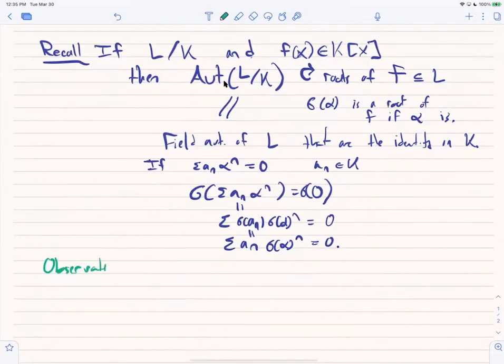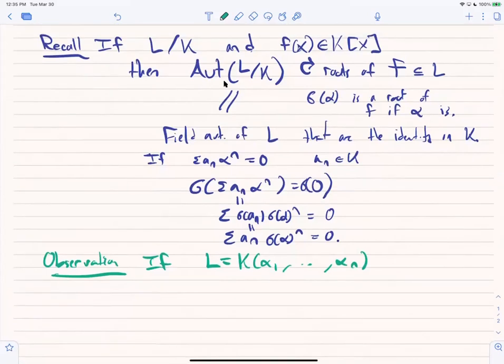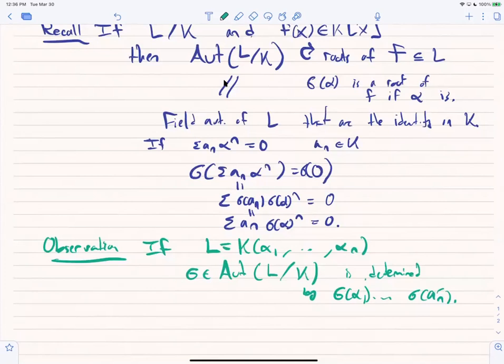So, observation: if L is equal to K(alpha_1, ..., alpha_n), say L is generated by these elements, then any element sigma of Aut(L over K) is determined by what it does to sigma(alpha_1) through sigma(alpha_n). So if you know what it does to each of these things that generate the field, then you know what it does to the whole field.